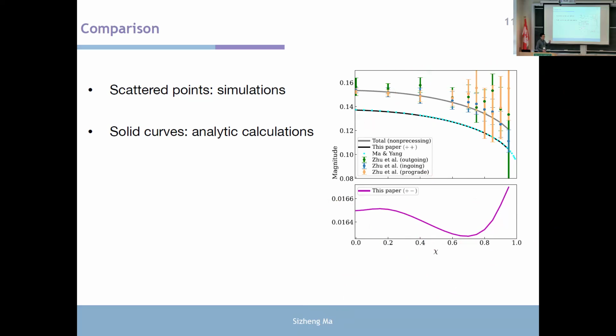So you can see that both of them agree, both are consistent, and they follow the same spin dependence. So this comparison gives a good example to demonstrate the success of black hole second order perturbation theory. All right, so that's the basic picture for the quadratic quasi-normal mode.